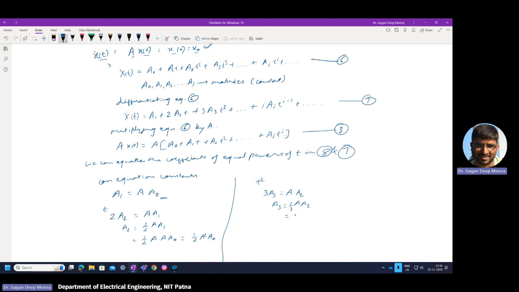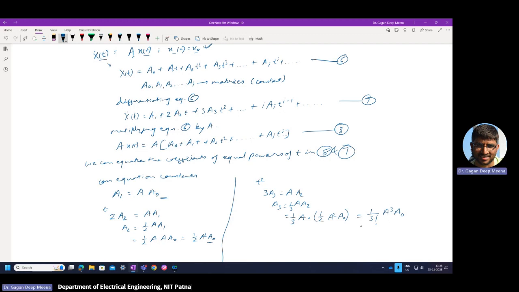I know the A2 from here, so I put this A2 in, 1 by 3 A into half of A square A0. So finally we can write it as 1 by 3 factorial A cube A0.